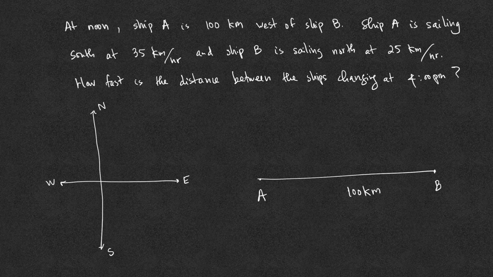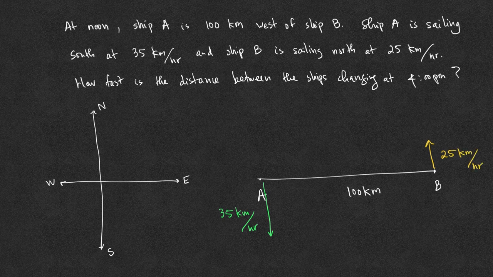Ship A is sailing south, and so ship A is going down south at the rate of 35 kilometers per hour, and ship B is sailing north. Ship B is going up at the rate of 25 kilometers per hour.